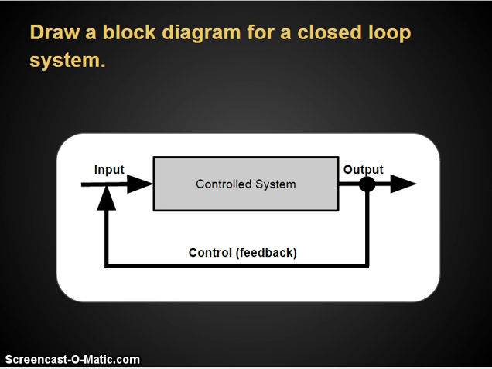Or you can have other outward-facing sensors like ultrasonic rangefinders, line detectors, camera tracking, all sorts of possibilities. Now that control will then feed back, and the main control system will adjust the input so that you get the output that you want.